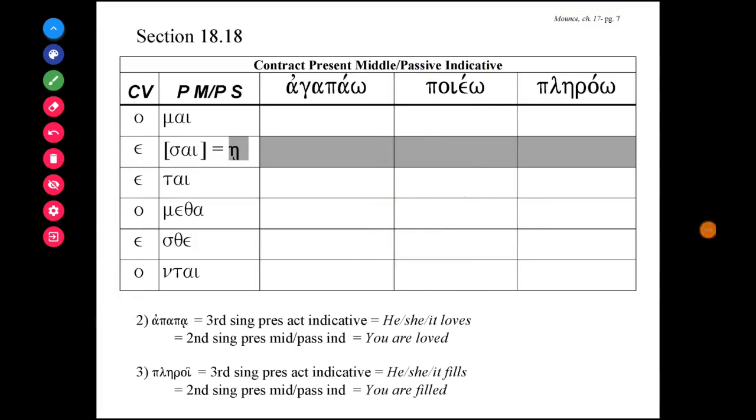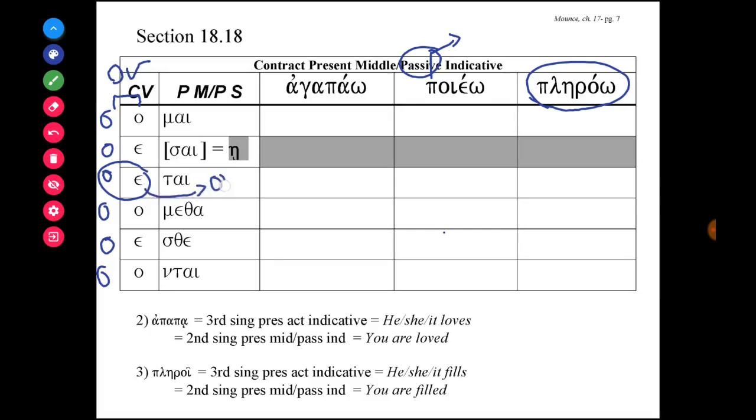Lastly, let's go over plerao, which means I am fulfilling, I am completing, and in the passive translation, I am being filled, I am being completed. So if we add the stem vowel omicron all the way down the paradigm, so that we see that the omicron and the connecting vowel for the primary middle passive suffixes are what's combining, we'll see that omicron plus omicron contracts to u, the u diphthong, and generally the omicron plus epsilon contract to also form the u diphthong.